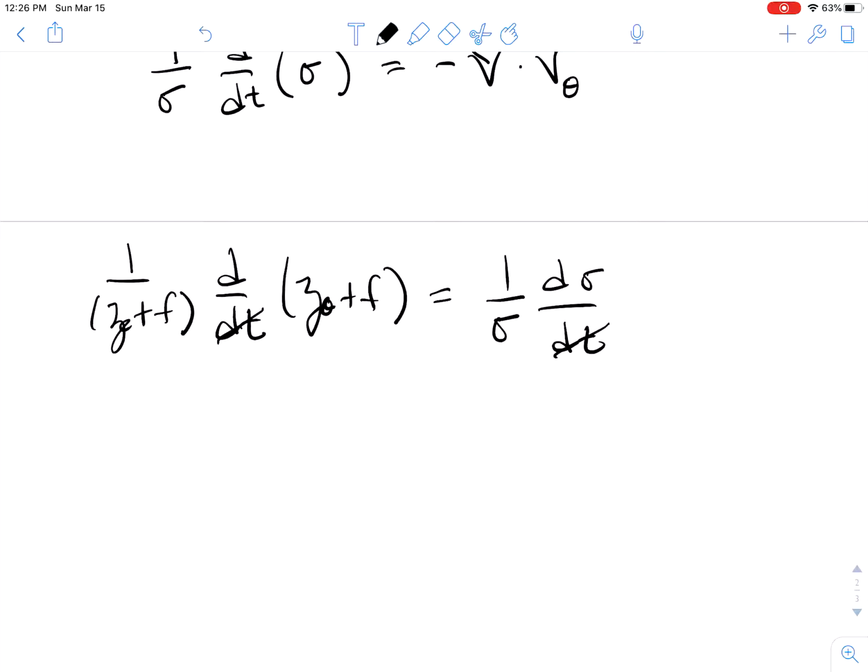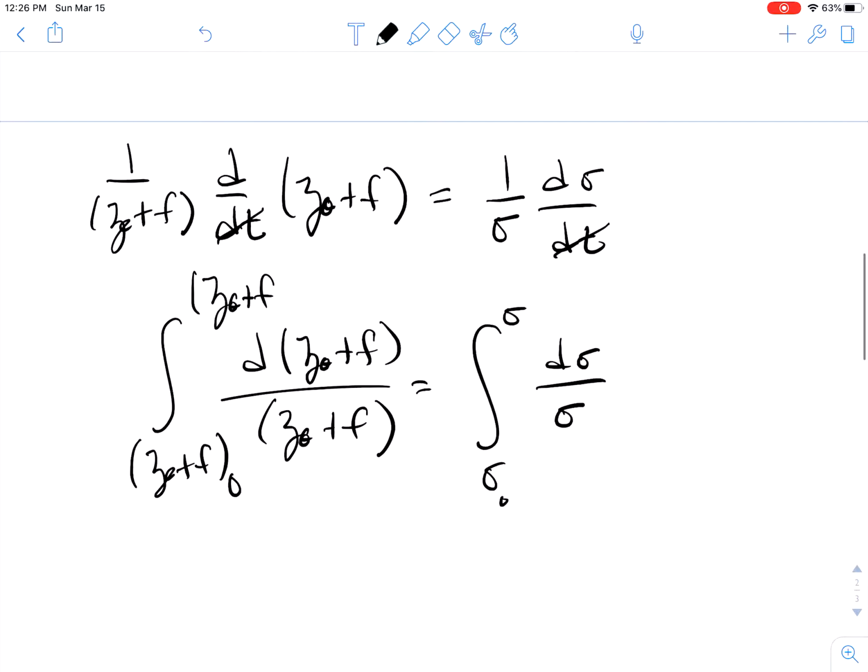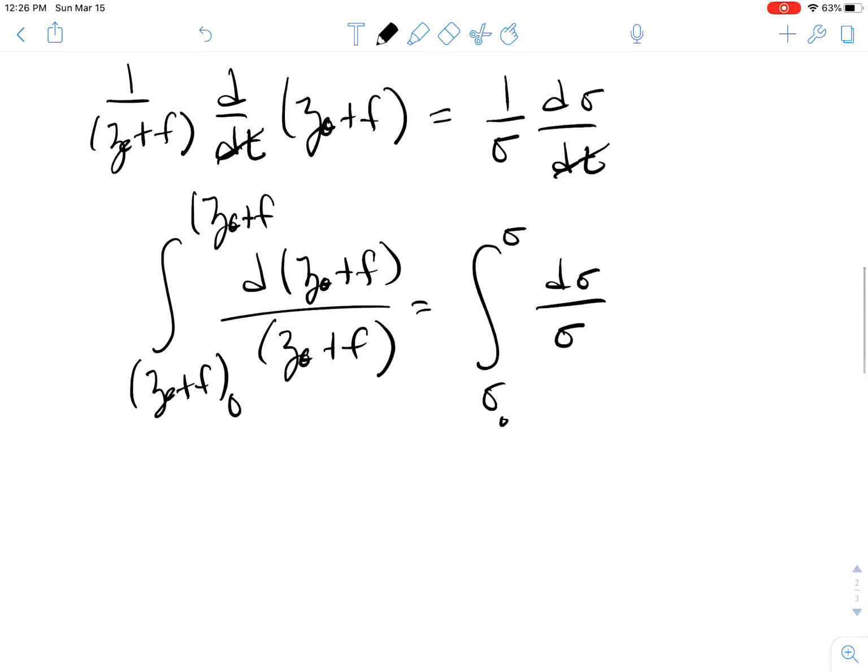So let's go ahead and integrate both sides. We're going to integrate from zeta theta plus f naught to zeta theta plus f of our d zeta theta plus f over the quantity zeta theta plus f. And on the other side, integrating from sigma naught to sigma d sigma over sigma. Now, what you may notice or may realize is that this is basically our integrating of dx over x, which is actually a known solution.